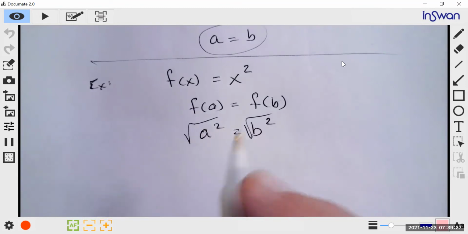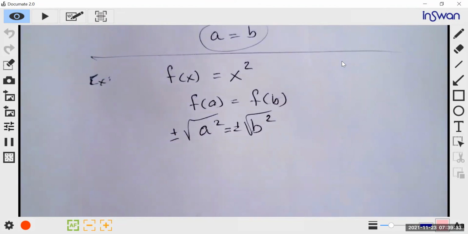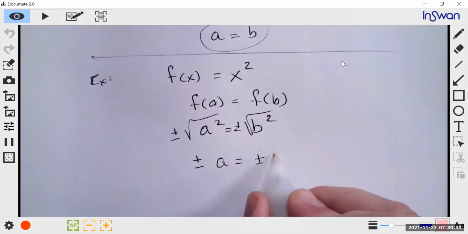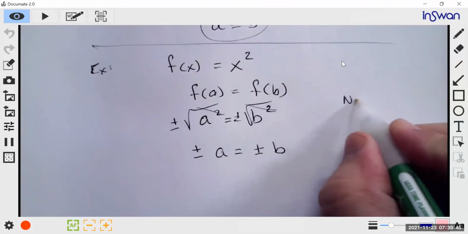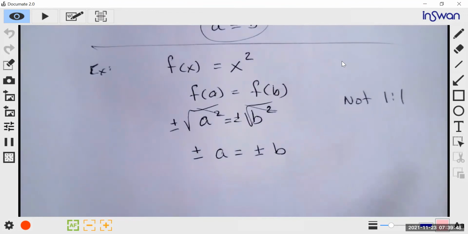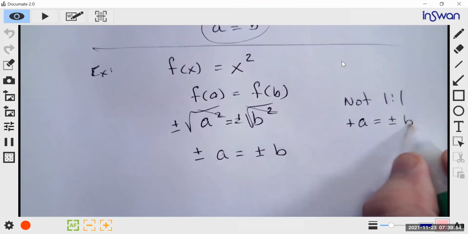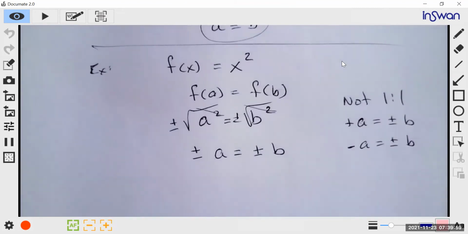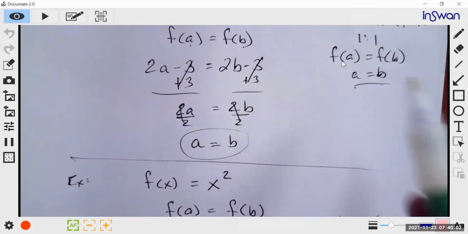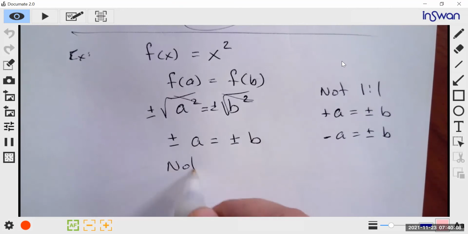Whenever you square root something that's squared, you have to put a plus or minus on the other side. So the answer becomes plus or minus a equals plus or minus b. Not one-to-one, because positive a equals plus or minus b, negative a equals plus or minus b. Too many different combinations. It doesn't satisfy the condition a equals b. So that's not one-to-one.